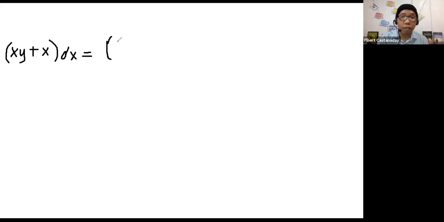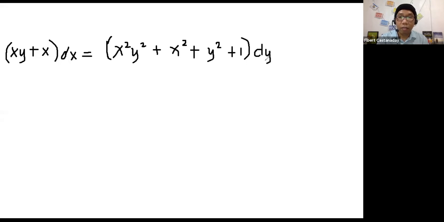So, you have x squared multiplied to y squared plus, I think you have several terms here, x squared plus, okay, y squared plus 1 times dy. Okay, sa inyo ko lang ito na-presenta sa ibang section, hindi ko pa nagawa to.